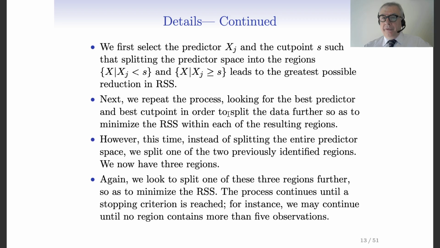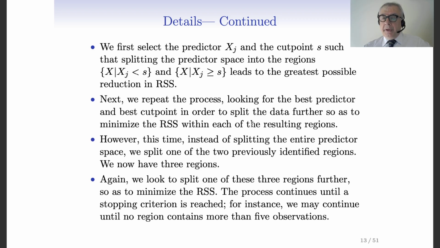For each of them, I find the best possible split threshold, the cut point S, as we call it, and in the end, I choose the split that produces the greatest decrease in RSS.